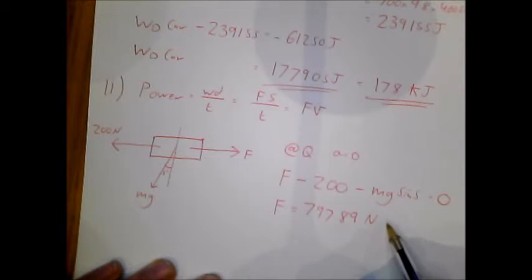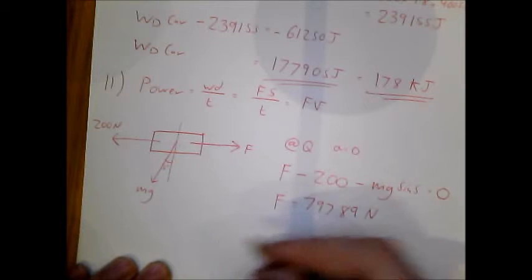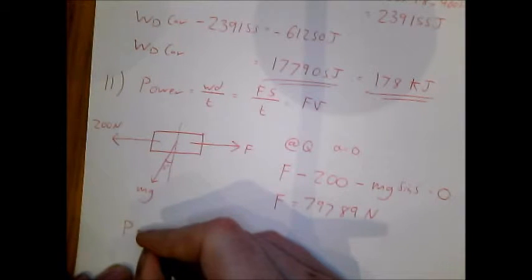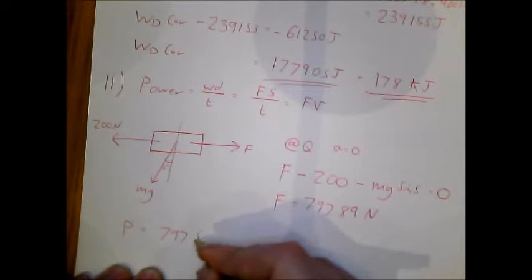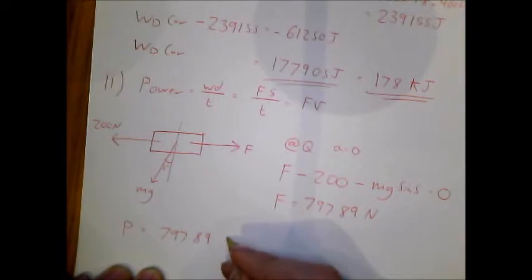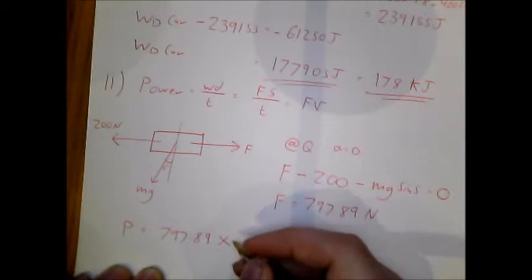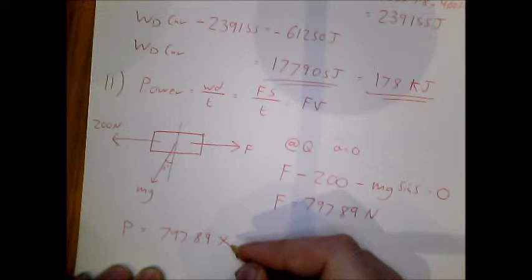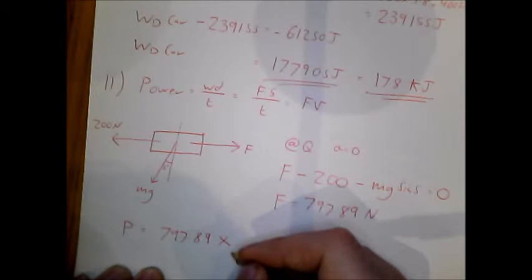Now we have a force and we have a velocity. So we wanted to find the power. So power will be equal to 797.89 multiplied by my velocity at point Q, which was 15. Wait, so was that meant to be at point P?